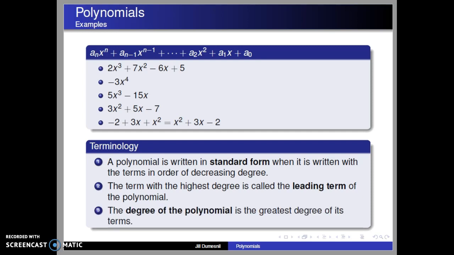We define the degree of the polynomial to be the greatest degree of its terms. In the examples above, the first and third polynomials have degree 3. The second example has degree 4, and the last two polynomials both have degree 2.